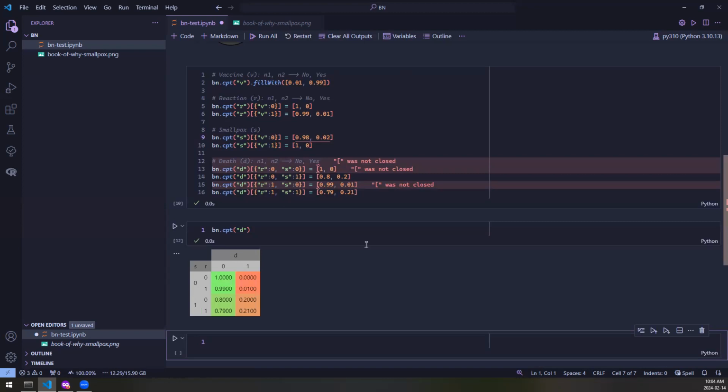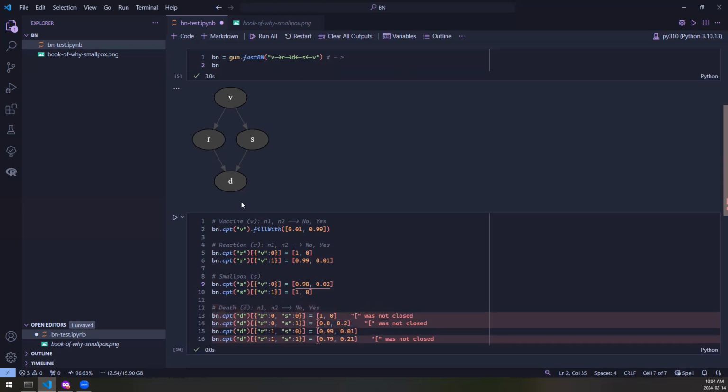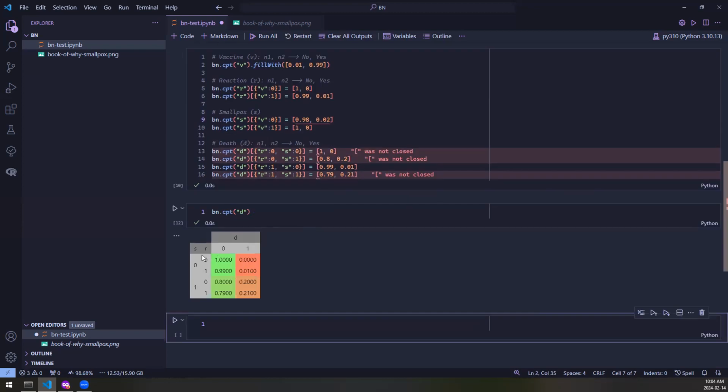D, looking at the graph, is child of reaction and smallpox. So that's why we had to insert 8 numbers in total, right? Just to consider all the possibilities of the parent variables over here. And that's what we see when we are plotting our CPT over here. Okay, so we read the text, we insert the data over here, and that means our Bayesian network is complete.